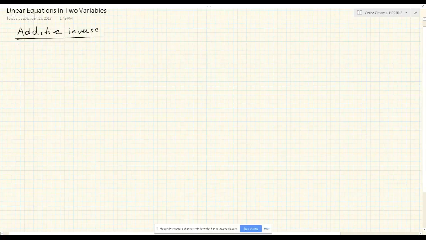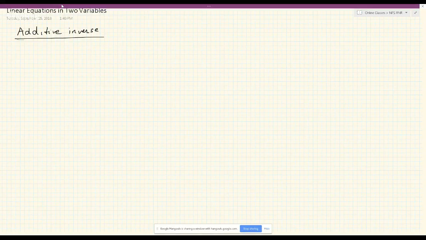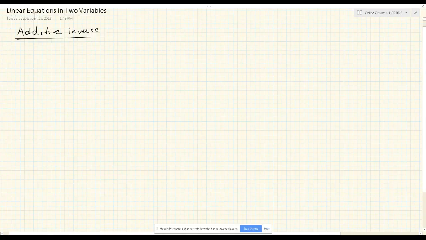Arpita, if you want to send any information, you can always do that on WhatsApp. The question was, if I'm not wrong: what's the additive inverse of a square plus 1 by a square minus 1?